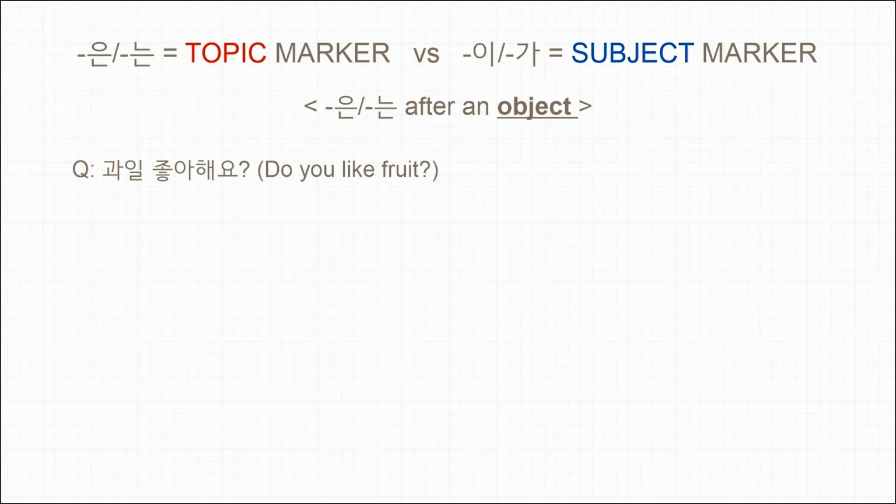For example, let's say someone asks, 과일 좋아해요? Do you like fruit? I might reply, 저는 사과는 좋아해요. I like apples. Notice that 는 is used after the object 사과.